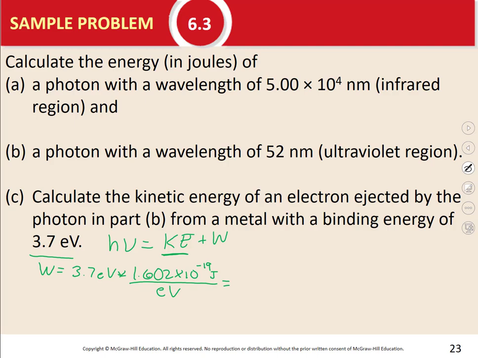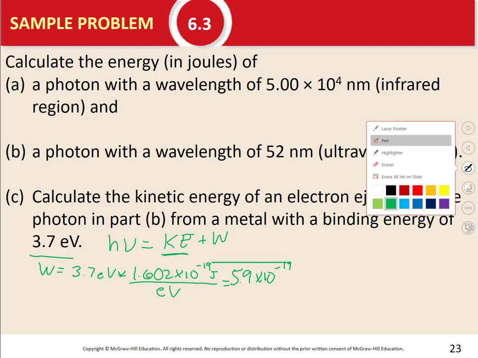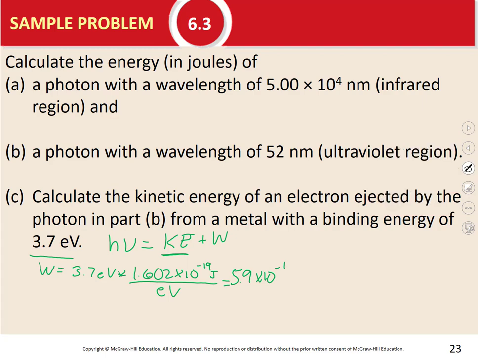And that'll give us it in joules. Should be a tiny number. Getting 5.9 times 10 to the negative 19 joules. So there's W.